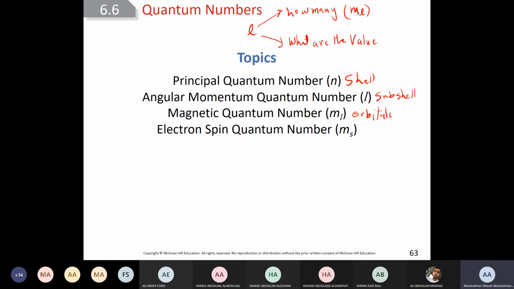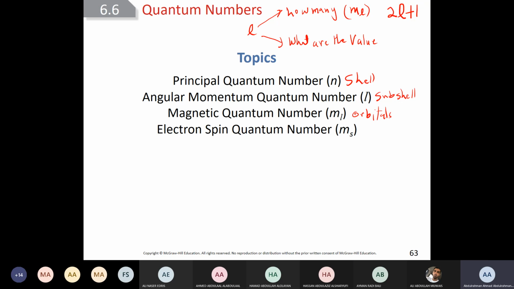Okay, and if you have L, whatever L is, if I ask you how many ml, you should say the answer is 2L plus 1. And then, you put the value for L, whether it's 0 or 1 or 2 or 3 or whatever.